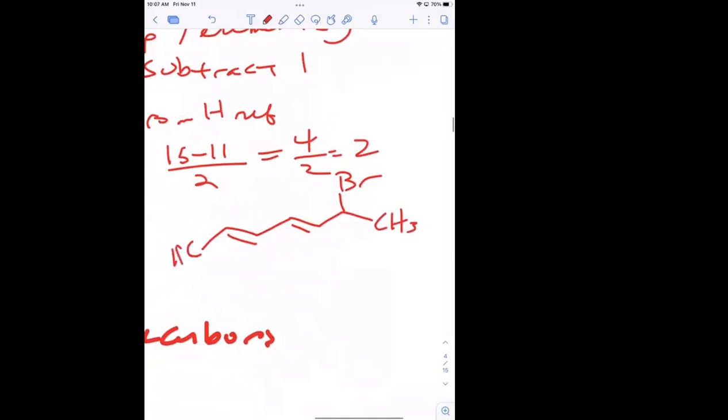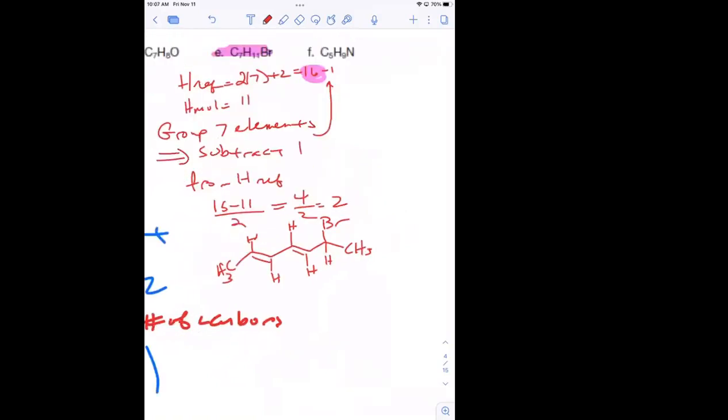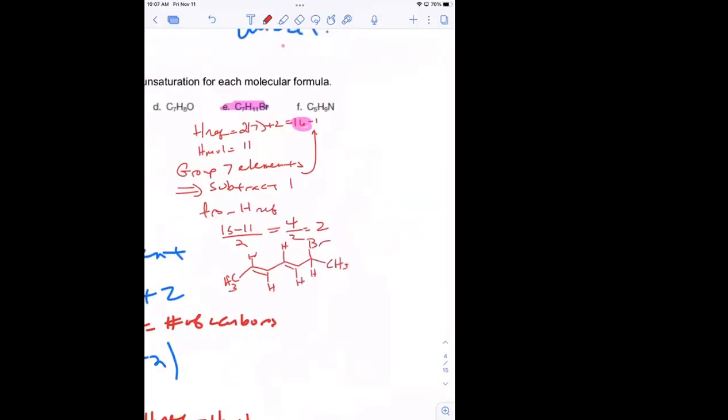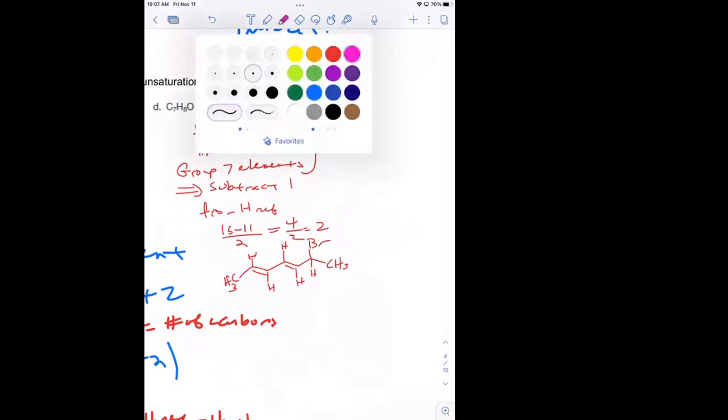This is a CH3, that's 6 right there. 7, 8, 9, 10, 11. This is an example structure for that formula. There are multiple structures you could draw from that formula, and they will all be considered constitutional isomers. Same formula, different structure. But I satisfy the 2 degrees of unsaturation here.